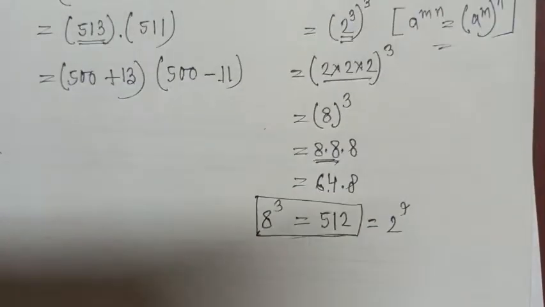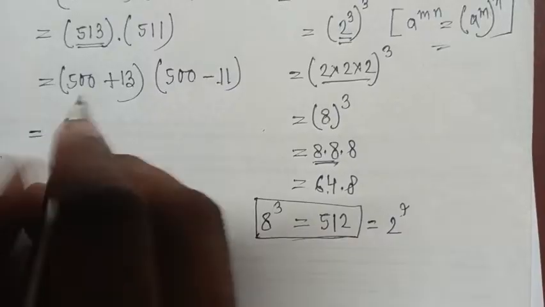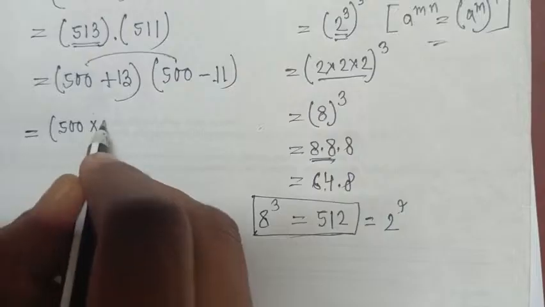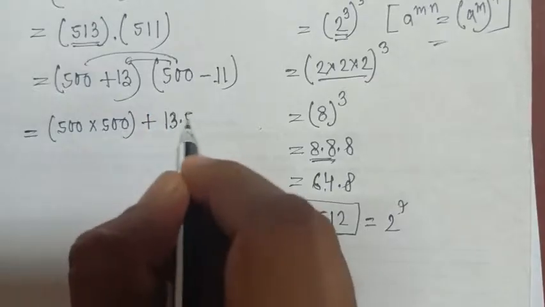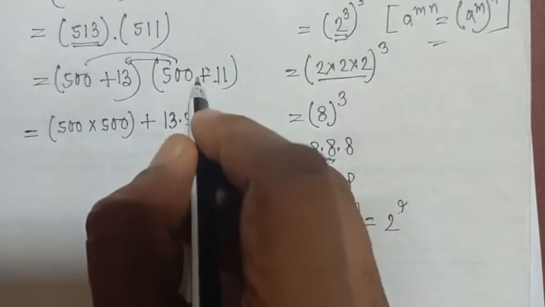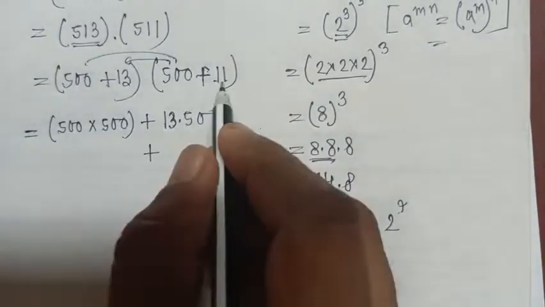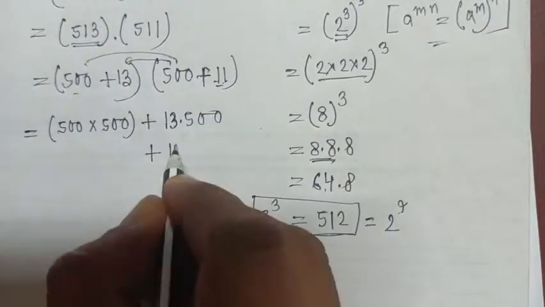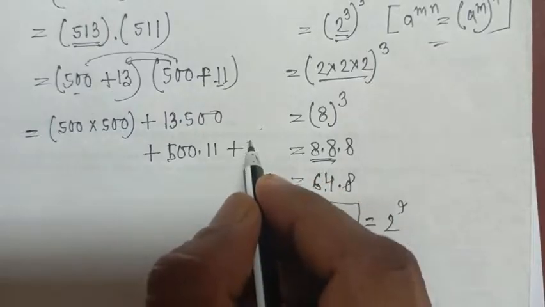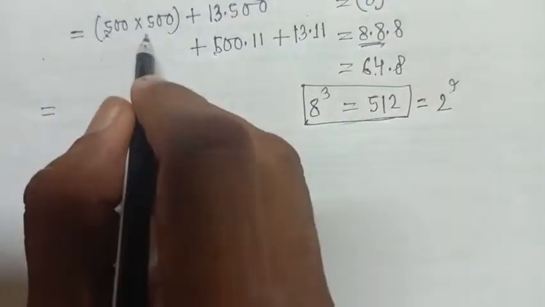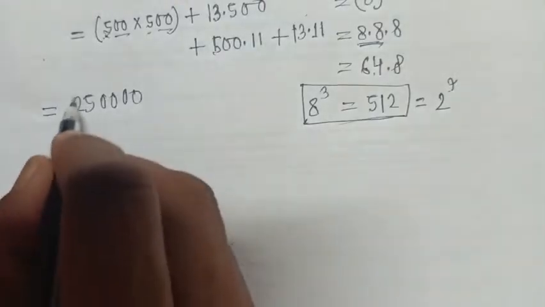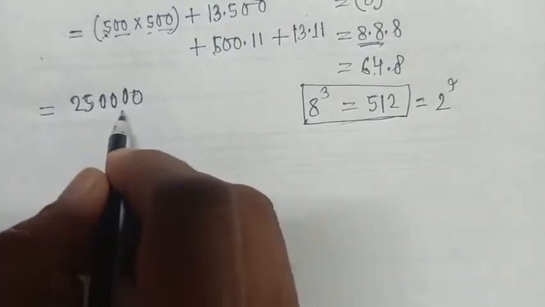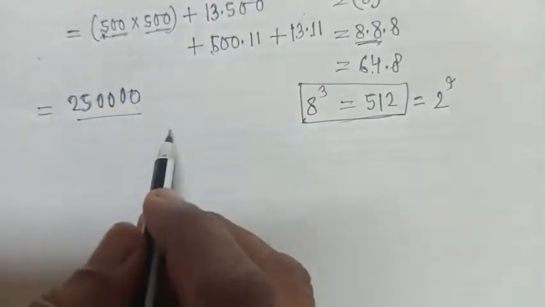Now we are going to simply multiply this: 500 into 500, plus 500 into 13, sorry, this should be plus sign, minus 500 into 11, and minus 13 into 11. 5 into 5 is 25 and beside this two zeros, so this will be 250000.